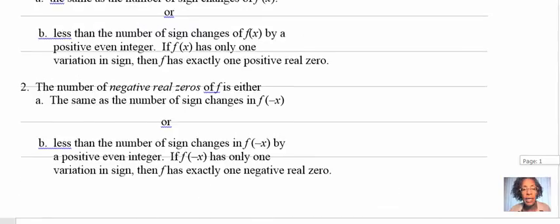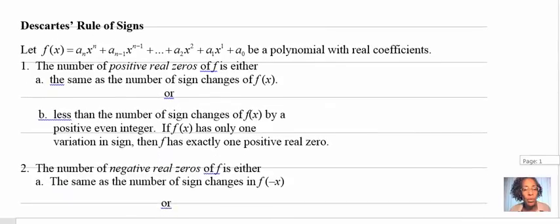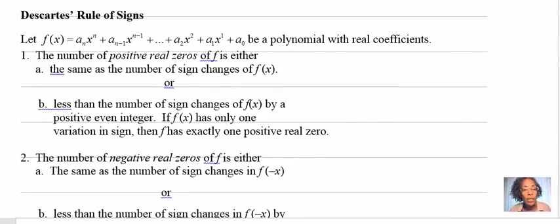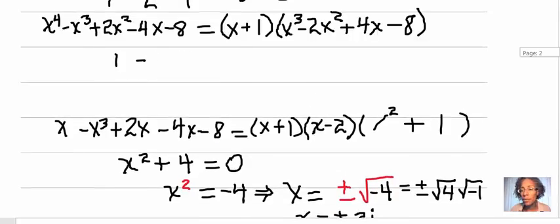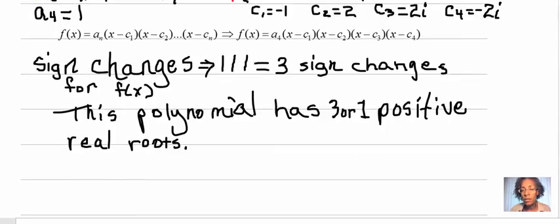So let's go back to that theorem, that rule. The first positive even integer is 2. 3 minus 2 is 1. So either we have 3 or we have 3 minus 2 positive real roots.